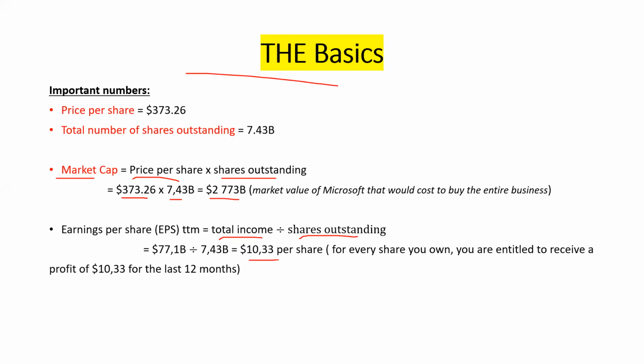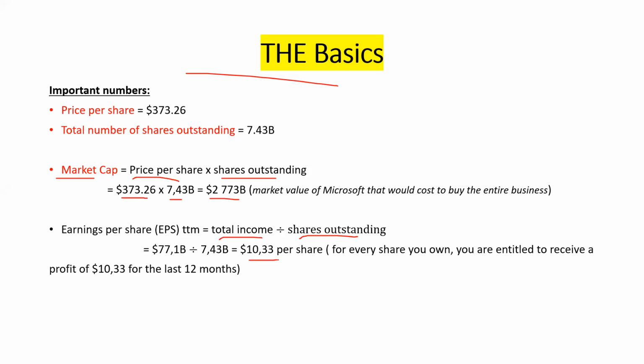So what does this figure tell us? What does it mean? It means for every share of Microsoft I own, I am entitled to receive $10.33 in profits. Okay? These are profits that have been generated in the last 12 months.